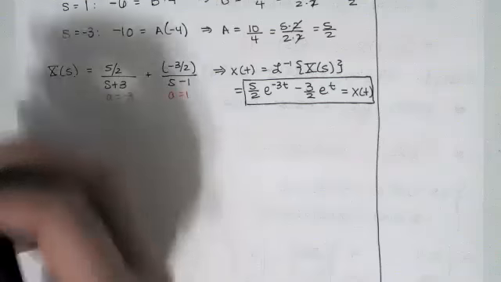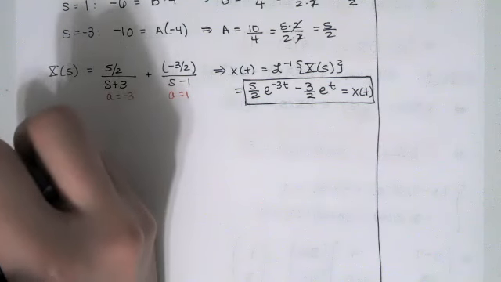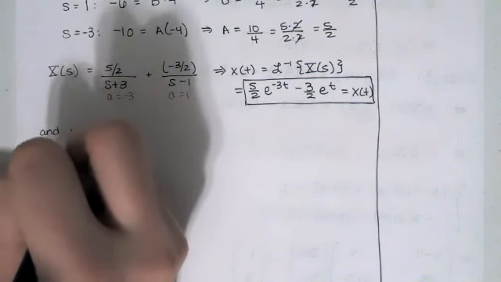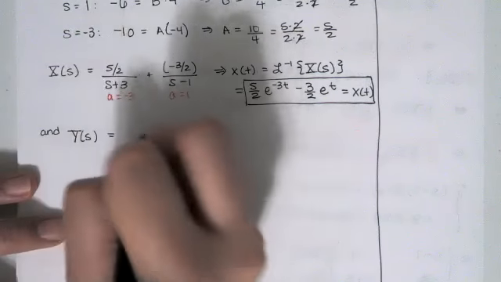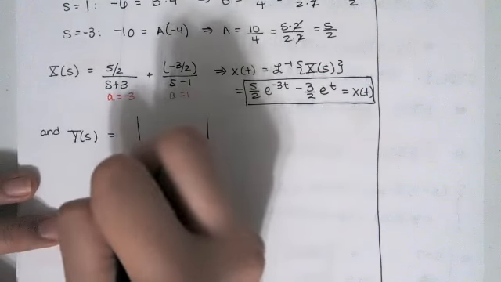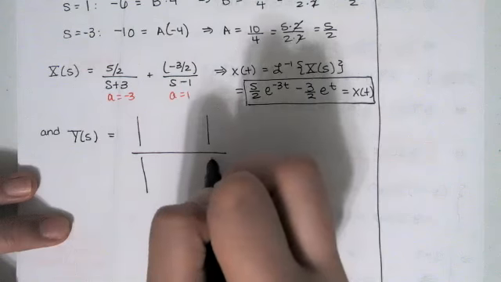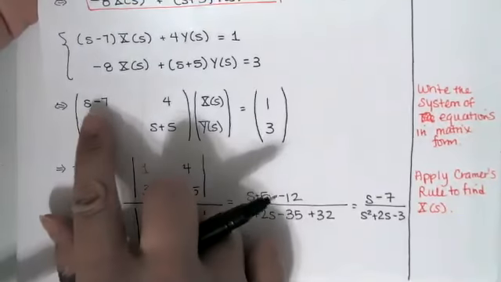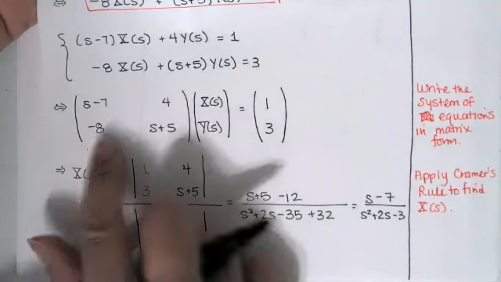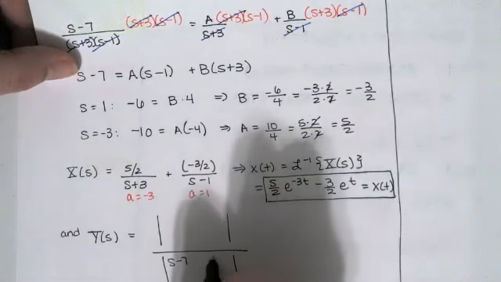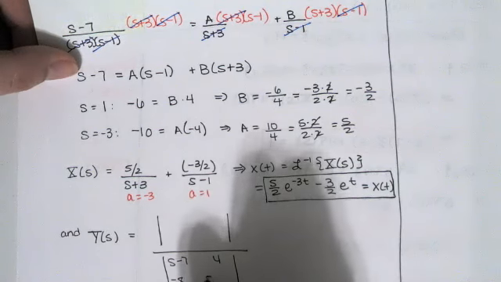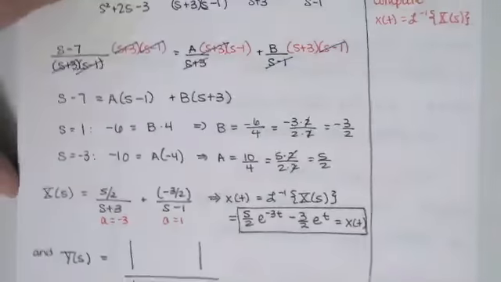So let's do that. By Cramer's rule, Y(s) is equal to this. My matrix was s − 7, 4, negative 8, and s + 5.